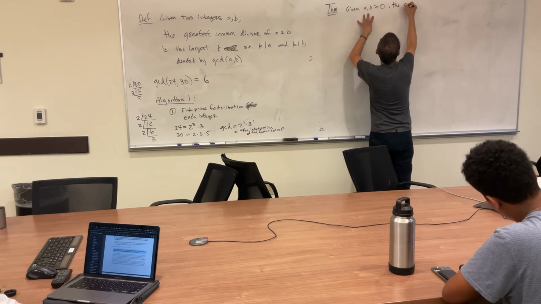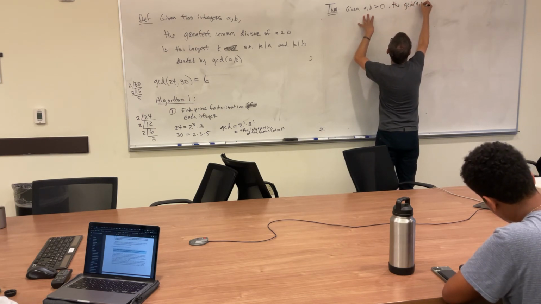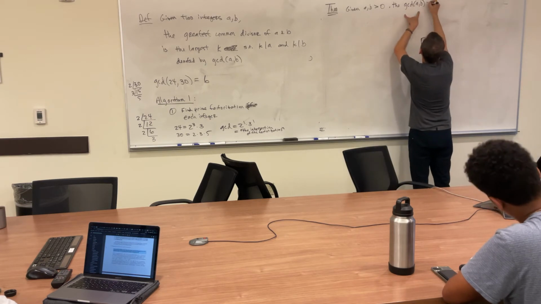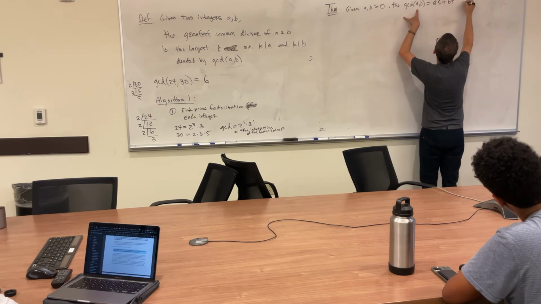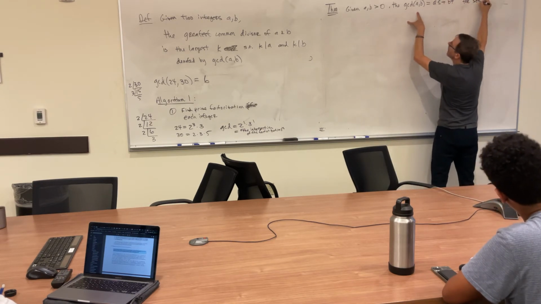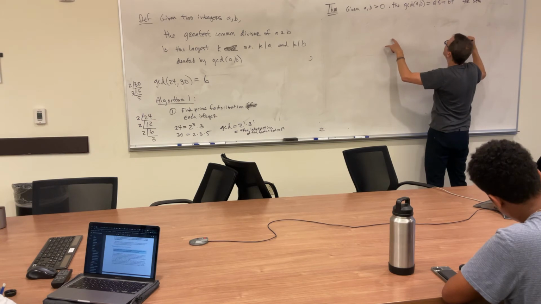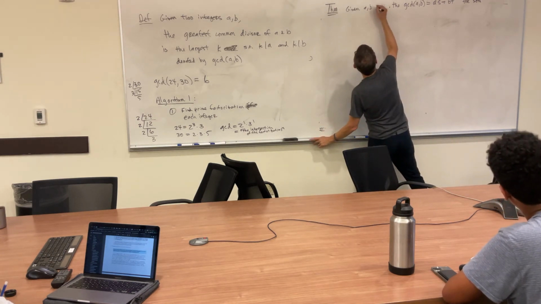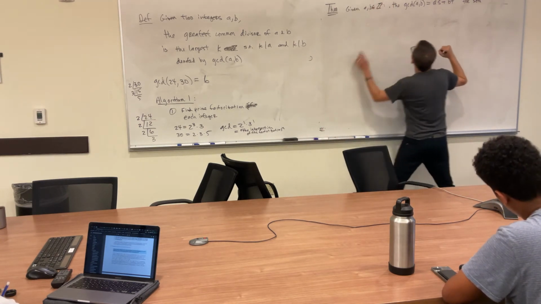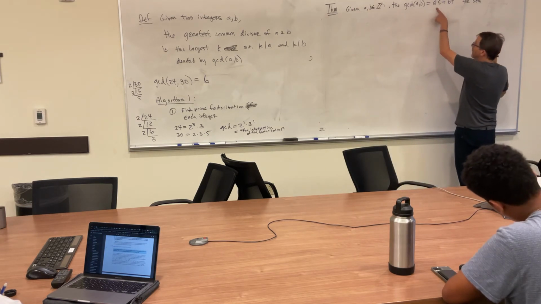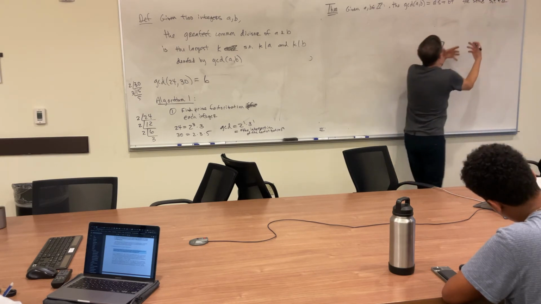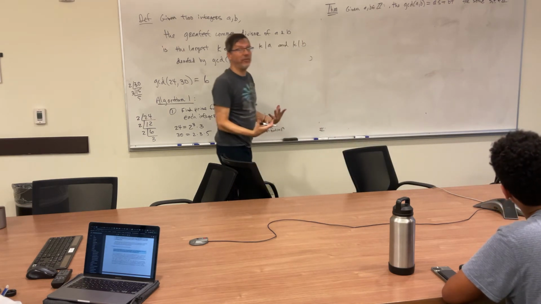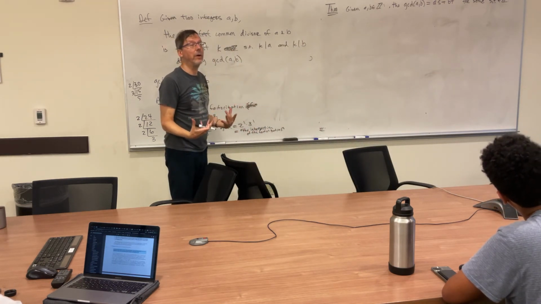The GCD of a and b is equal to a times s plus b times t for some, and I don't think we need this restriction, these are just integers. So the GCD is equal to a linear combination of those two numbers for some integers. So an integral linear combination gets you there. Now that is just weird.